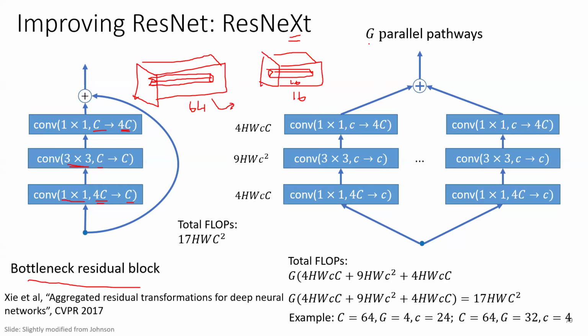So instead of that, in this one, they had G parallel pathways. So here is the input. What they did was, for 4C to c, they had a small c here. And this is the 3 by 3 convolution they carry out with those small c channels. And this they raised back to 4C channels, and then concatenated over here.